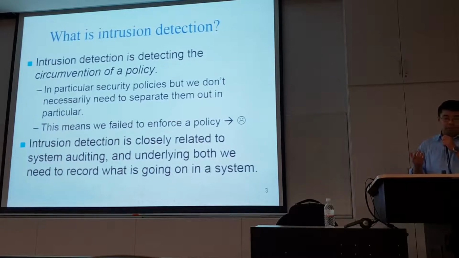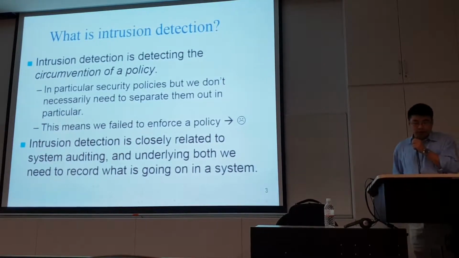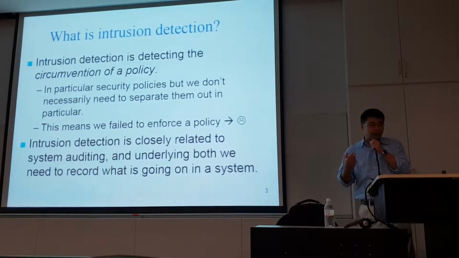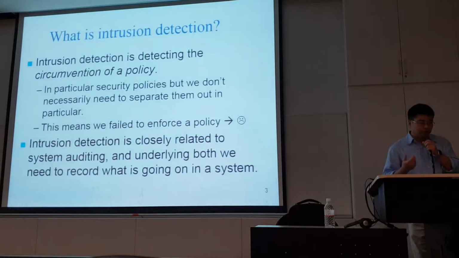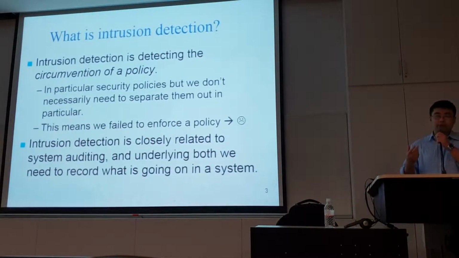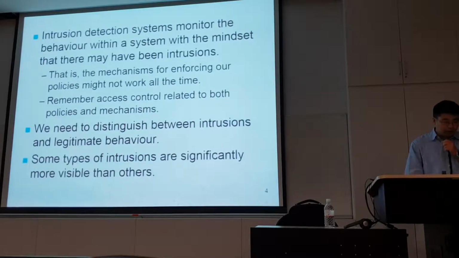Although sometimes we may also have false positives, which means we may wrongly identify a legitimate user as an intruder, we can still detect. If there is abnormal behavior of the user, this may be an intruder. That's why we use statistics.